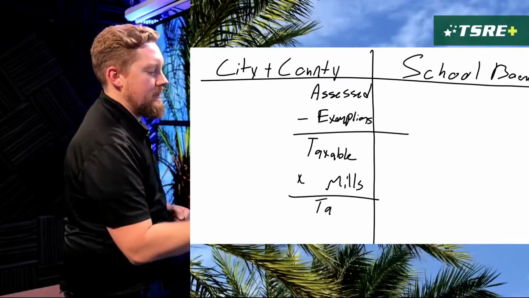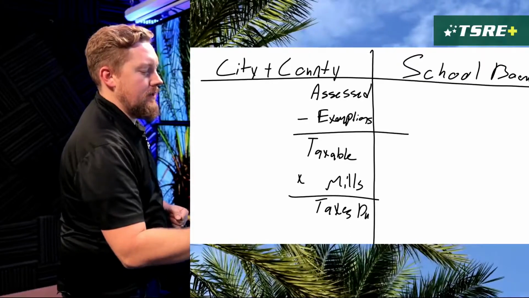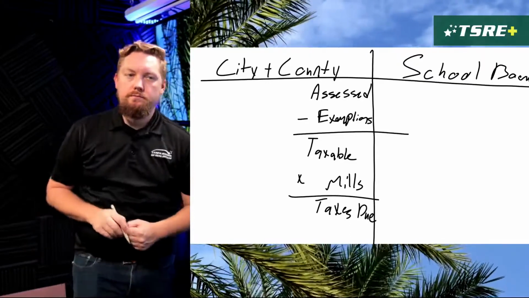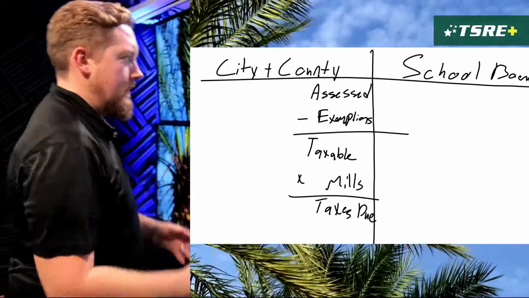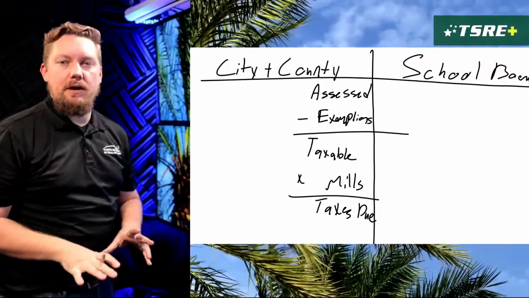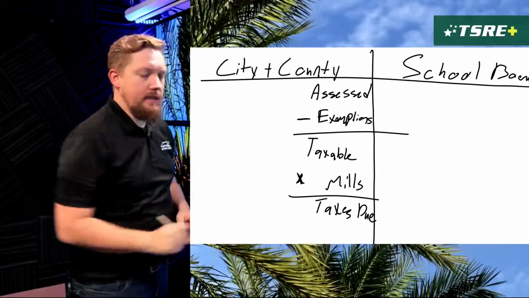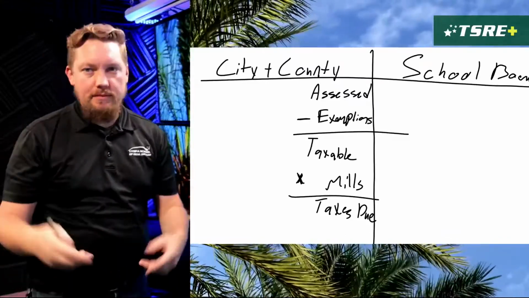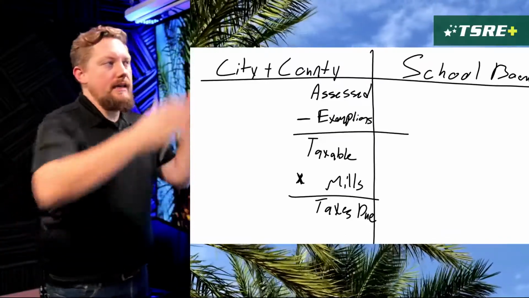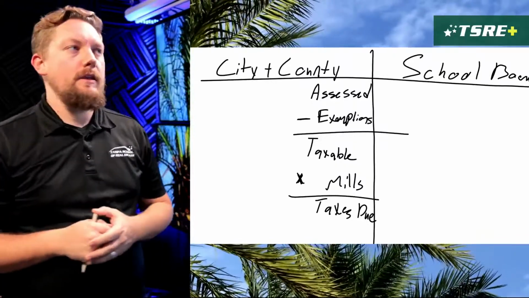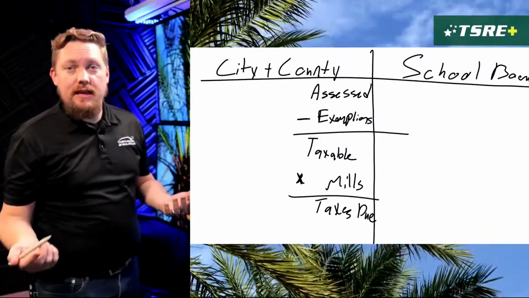And that's going to give us the taxes due. So super simple, especially when you lay it out like this, because now we already know we're subtracting here, we're multiplying here, and then the one final step at the end, because we're just coming up with one number, is adding together these two taxes. Or three taxes, I should say.